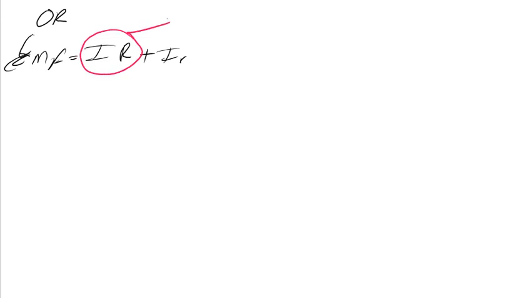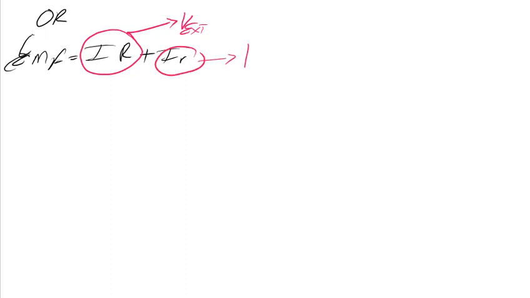Remember, you've got EMF. The formula says EMF is equal to I R plus I small r. Remember, this is the external resistance. So what is I times R? It means it's V external. Then this means V internal.